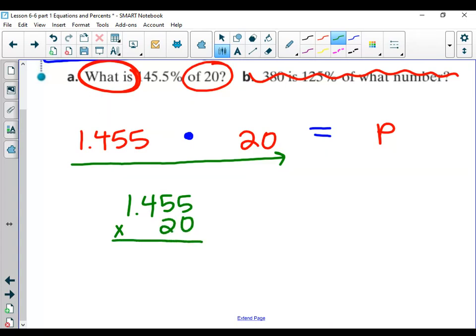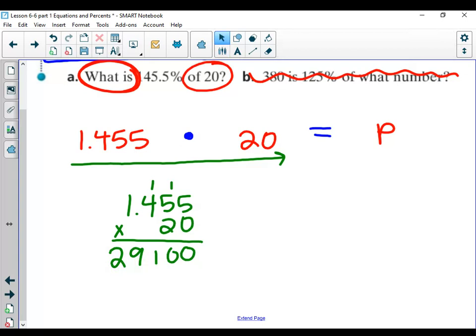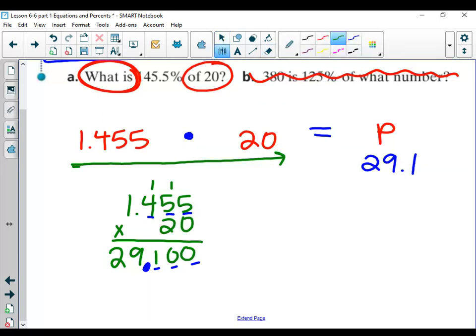Ready, go. 1.455 times 20 is 29.1. Whoa, I like that one. That one was nice and short and sweet.